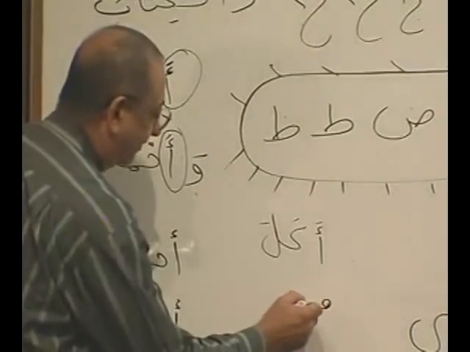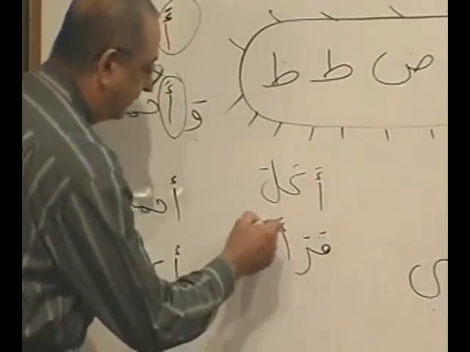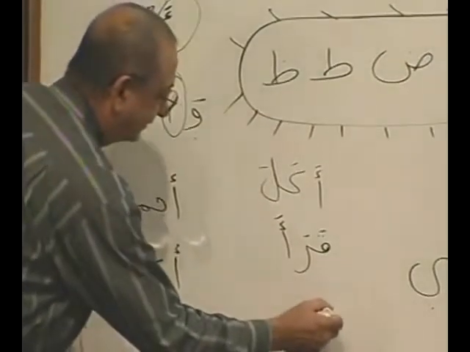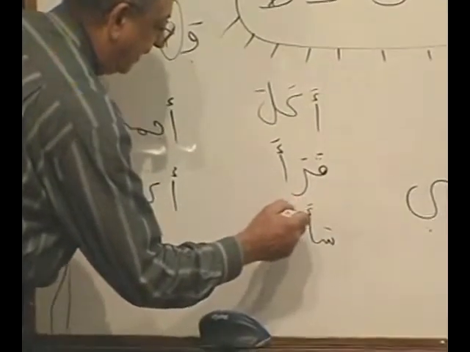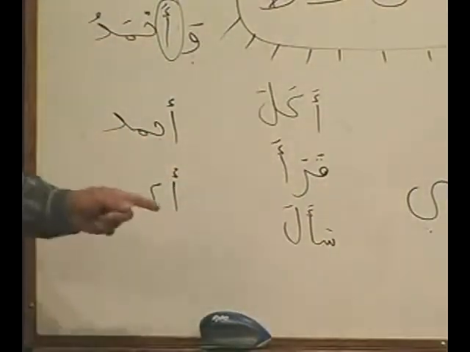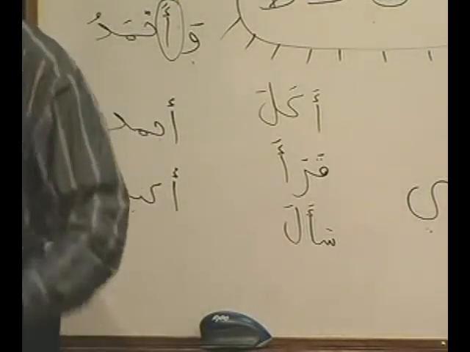Okay, what is this, brothers and sisters? Qara. He read. And what is this? Sa, a, la. See, I'm writing Hamza. Hamza is getting a kursi, chair, plus it is getting the neck of the Ain. So that is, Sister Maimuna, Hamzatul Qata. It will always be pronounced, no matter where it comes in the sentence. But if it is Hamzatul Wasal, only in the beginning. And when it comes, I will be pointing out to you, inshallah.